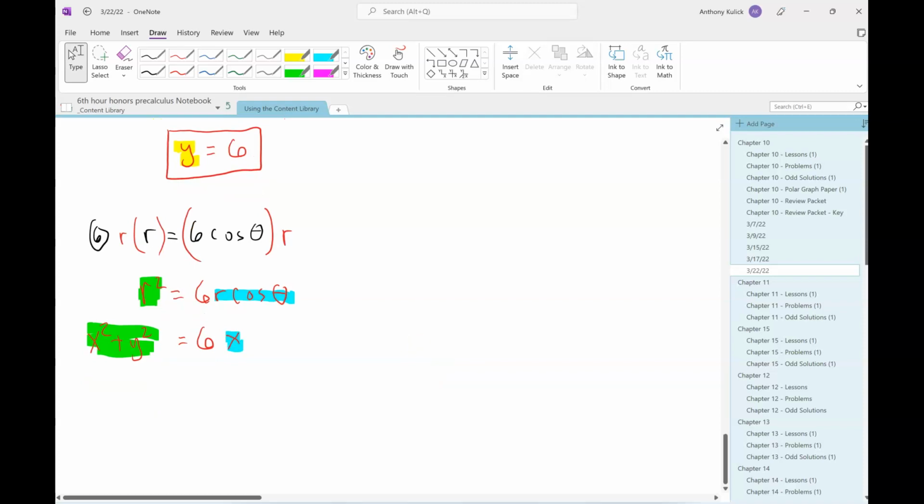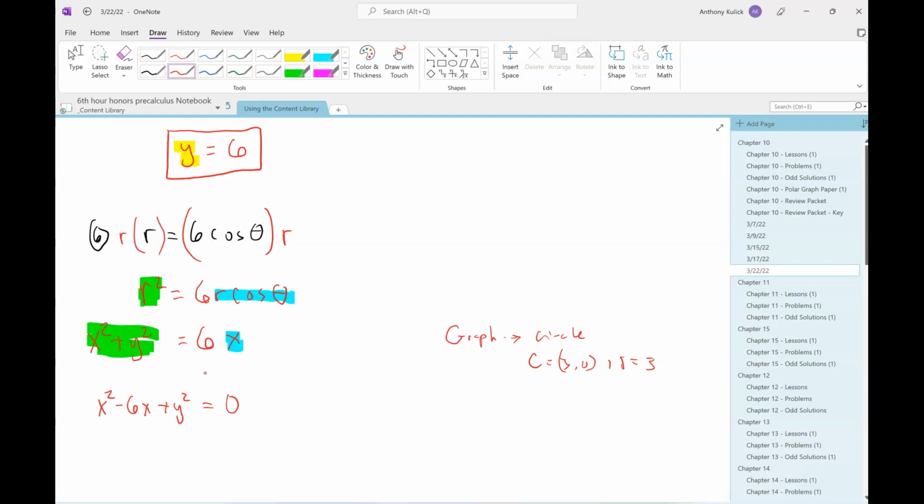Okay. That's looking a little bit better. We've cleared out the r's and the thetas. The problem is that if this is a circle, it looked like the center was at (3, 0) and the radius looked like 3. I need to somehow get this into the form of a circle, so I'm going to move all the x's and y's together onto the same side.